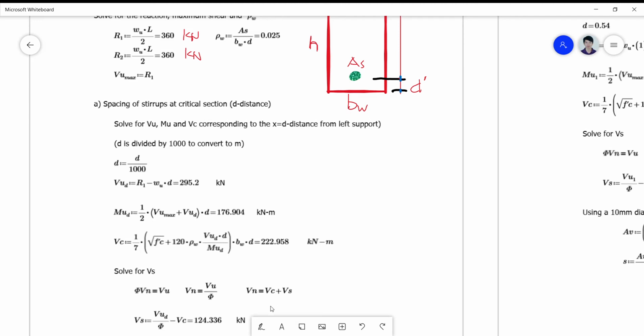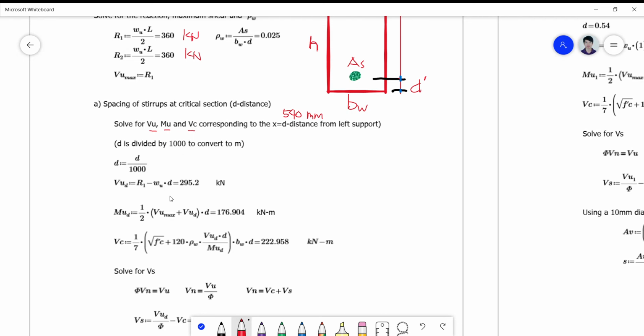Here, the dimension D is given in the problem to be 540 millimeter, which we convert to meter by simply dividing D by 1000. This is to give consistency in the units we will be arriving at on our computation for VU, MU, and VC.